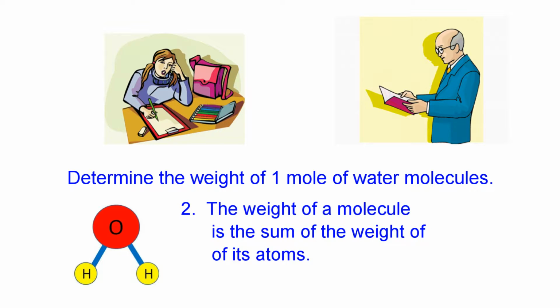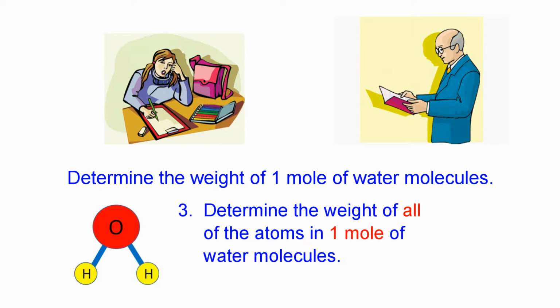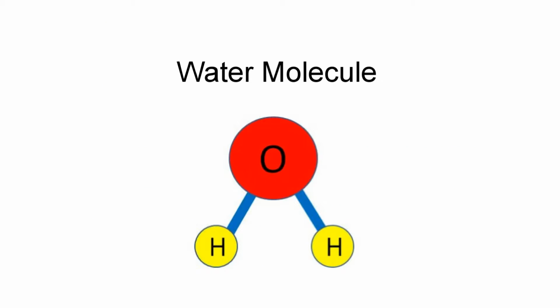So if we are going to determine the weight of 1 mole of water molecules, we will need to know the weight of all of the atoms in 1 mole of water molecules. Let's think about that for a moment. Every water molecule has 1 oxygen atom and 2 hydrogen atoms. If it does not have all 3 atoms, it cannot be a water molecule.